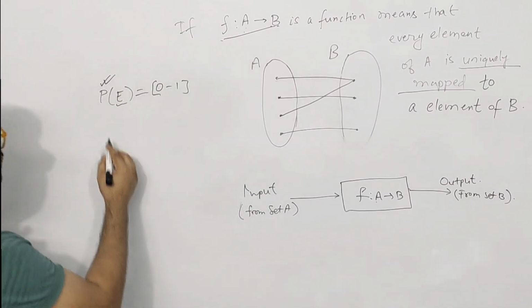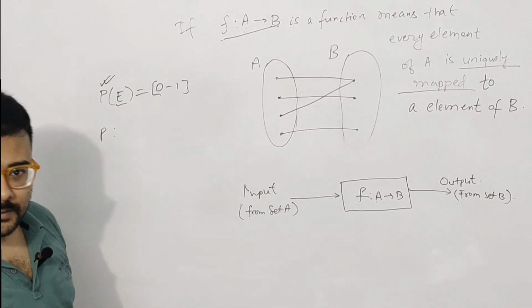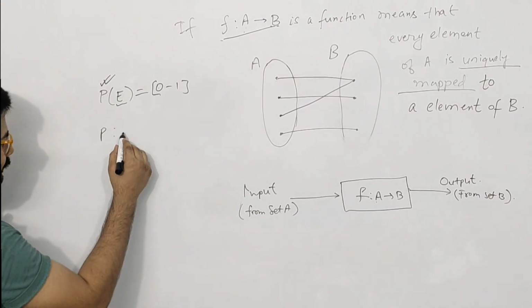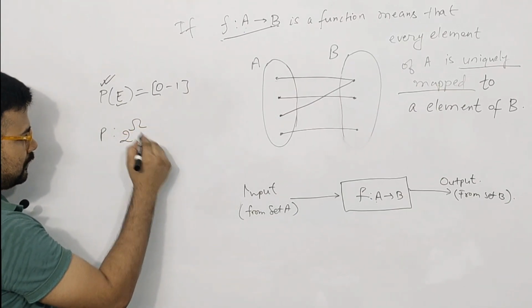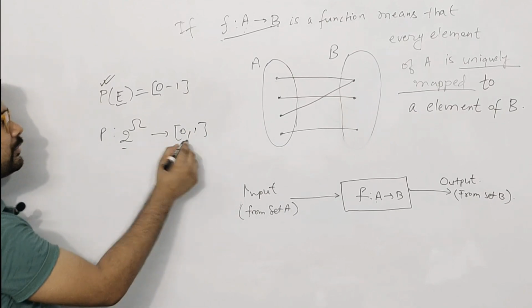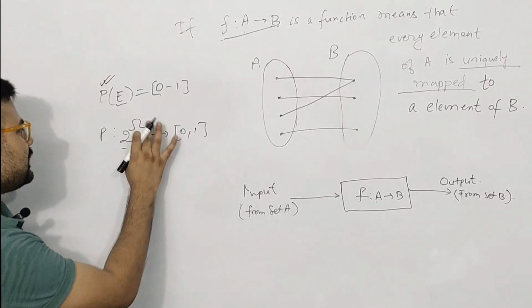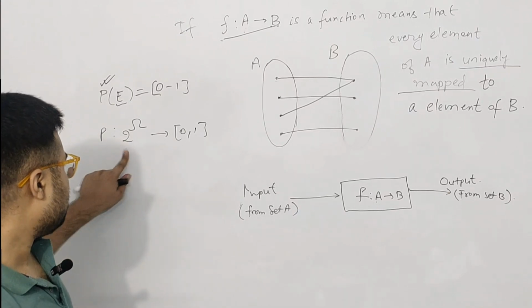So we say that probability is a mapping, or probability is a function from this set to this set. Omega is the sample space.